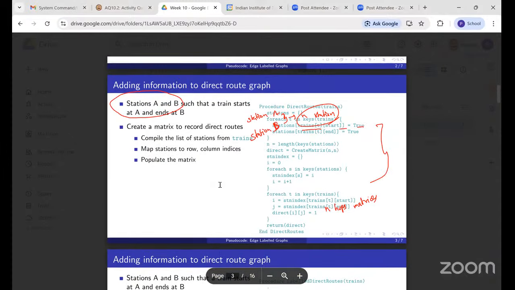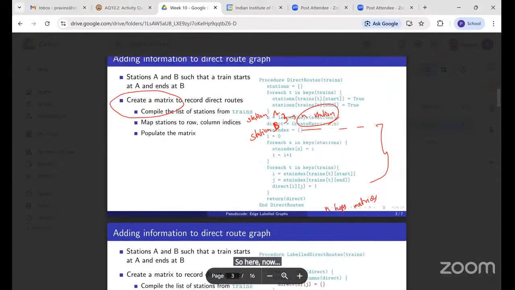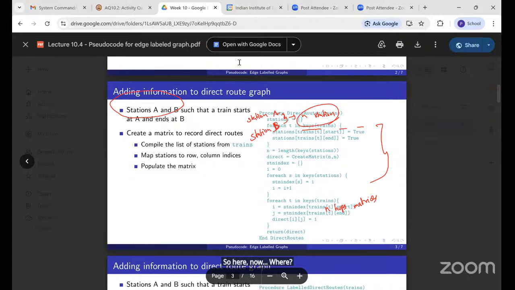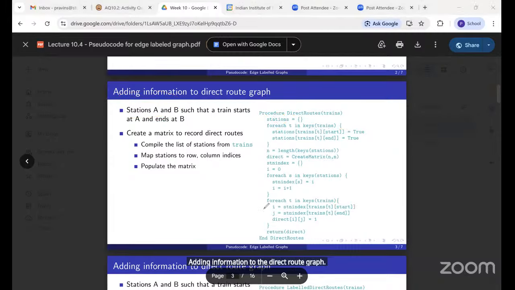So here now we are adding information to the direct route graph. This pseudocode which we have seen in the previous lecture or slide, this is the same pseudocode where I am initializing start and end equal to true.